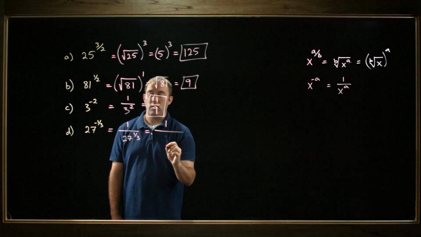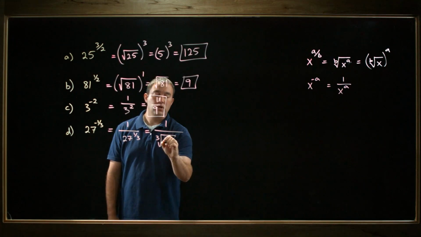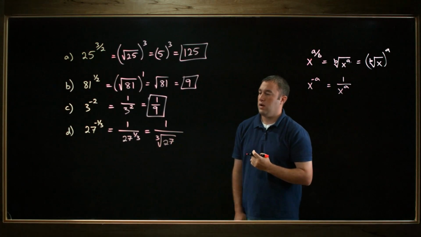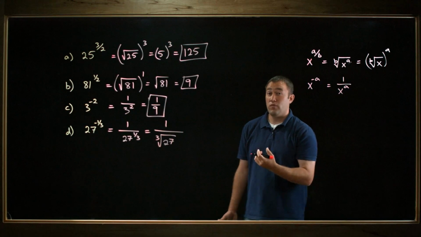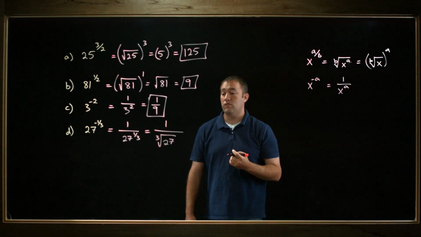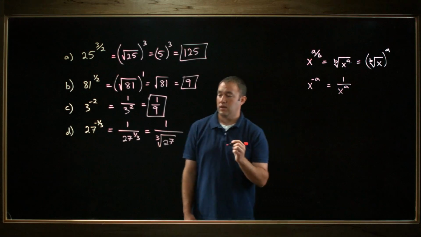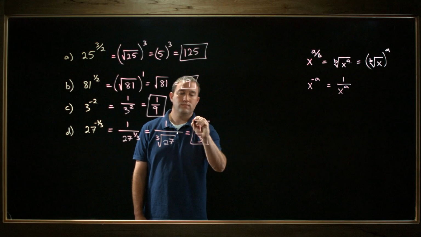So 1 over, let's see, 27 to the 1/3, that's the cube root of 27. If you like, raised to the first power, but I don't need to write that. Luckily, 27 is a perfect cube. The cube root of 27 is 3. 3 times 3 is 9, times 3 is 27. So this is 1/3. And there you go.